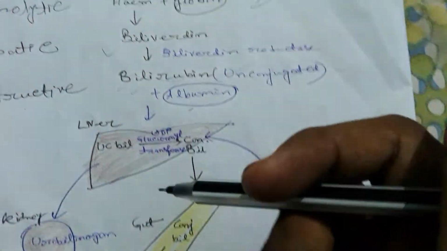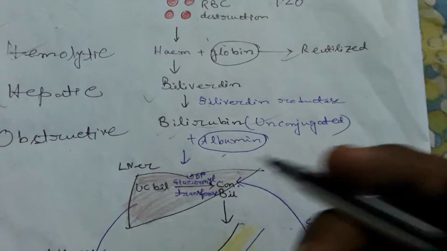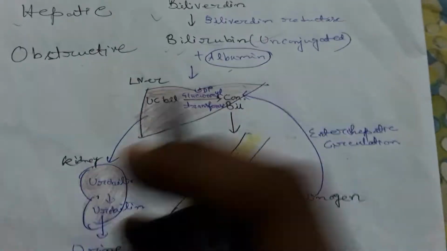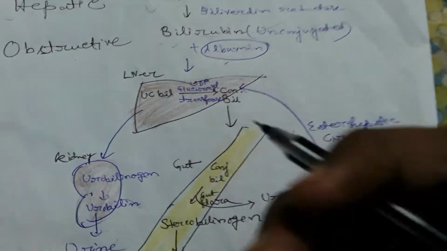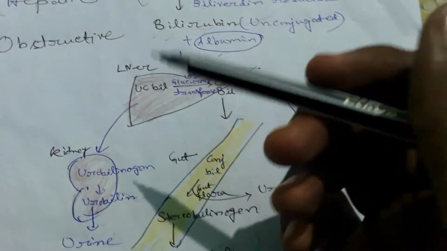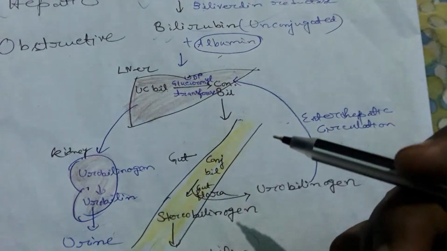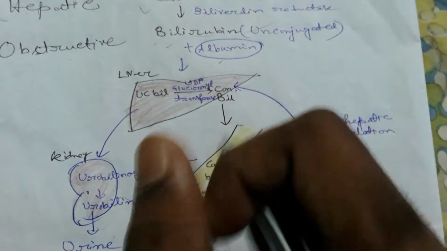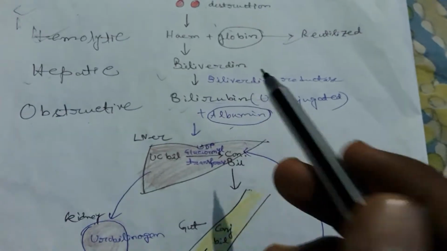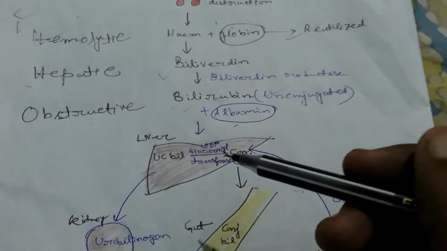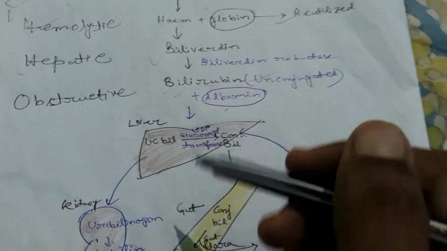We know that in hemolytic jaundice there will be an excessive amount of unconjugated bilirubin, but conjugated bilirubin will also be formed, as it is the liver. So why is unconjugated more? As there is more destruction of RBC and more unconjugated bilirubin, there is saturation of the receptor.